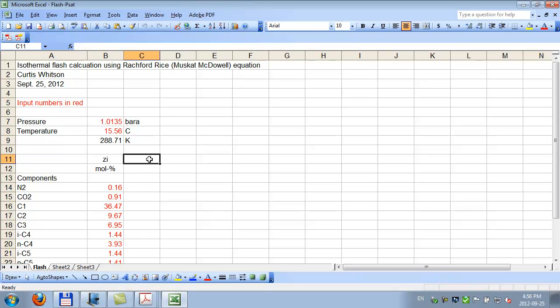So then we need TC in Kelvin, PC in bar absolute, and the eccentric factor. And there's no unit on that. I don't have the omega.